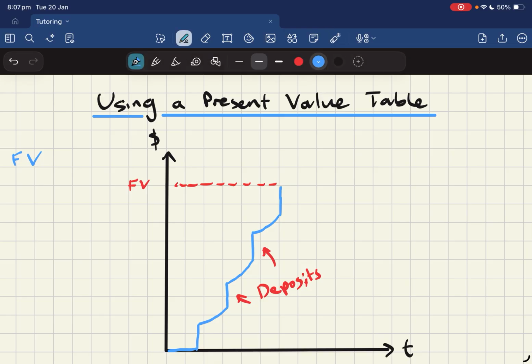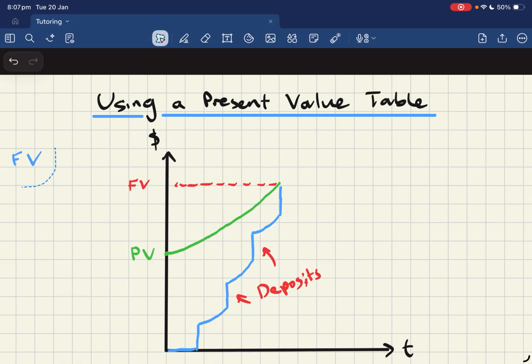So the present value is some amount that we invest that, if it just sat there without deposits, would accrue interest and get to this future value in the same amount of time. This is what we mean when we talk about our present value.